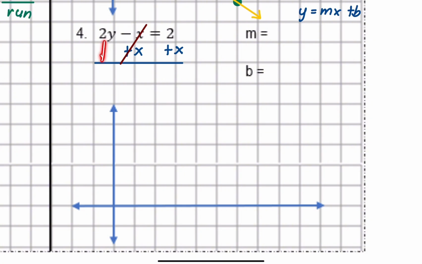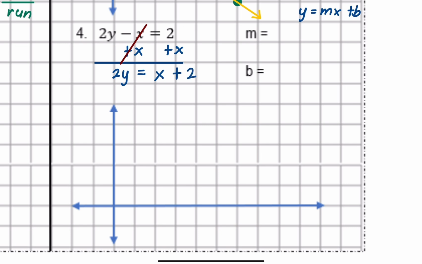So bring down 2y is equal to, again class, 2 plus x, we cannot add them. 2 plus x is not 2x, okay? So, again class, 2 plus x is not 2x. That is wrong. So we cannot combine them. So just write x, and then since the sign of 2 is positive, we're going to write plus 2.